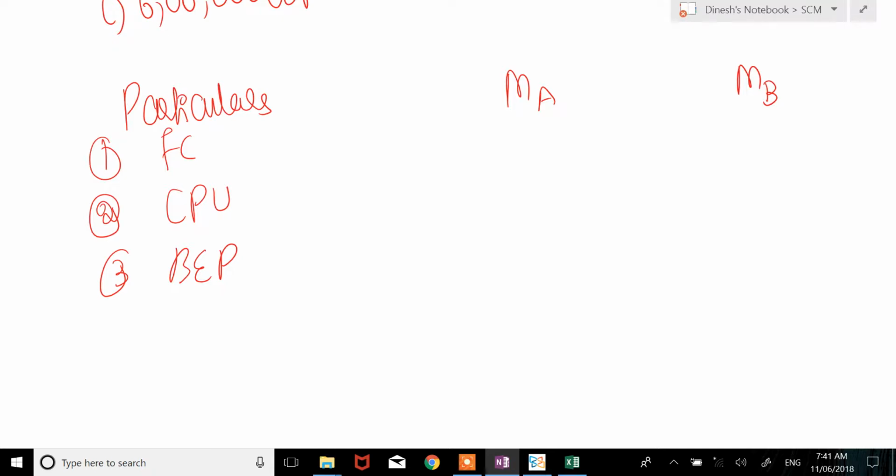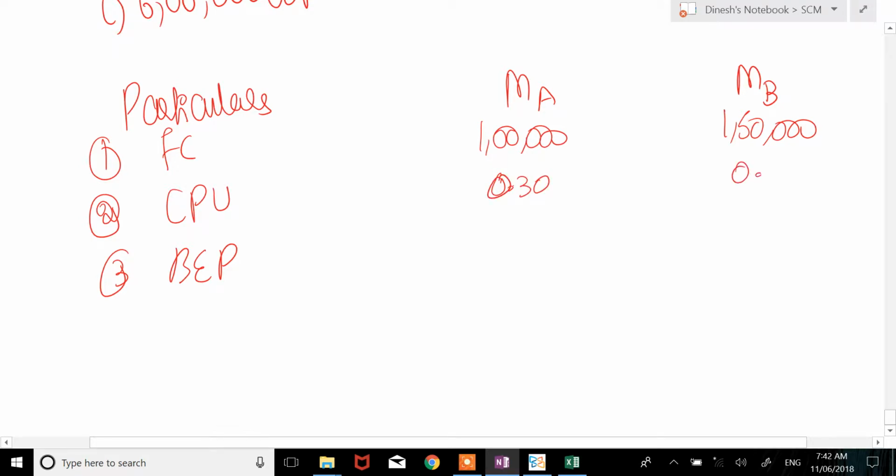There's nothing to be calculated. What's the fixed cost figure? 1 lakh and 1,50,000. 0.3, 0.4.